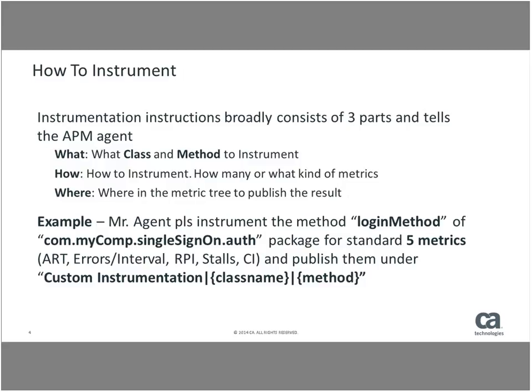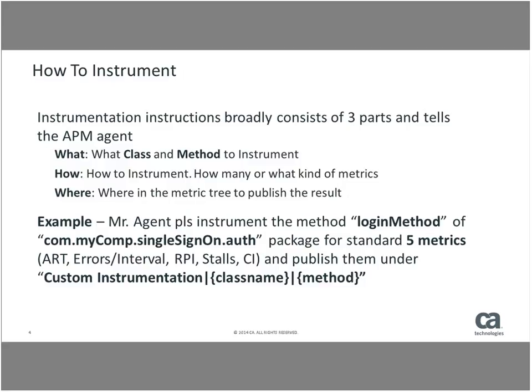We call them blame points or blame metrics. Then publish them under this particular path in the resource tree. You'll see it under the Investigator tree, a new node showing up as custom instrumentation. The curly brackets mean replace it with the class name or the method name of the class and method that we are instrumenting.